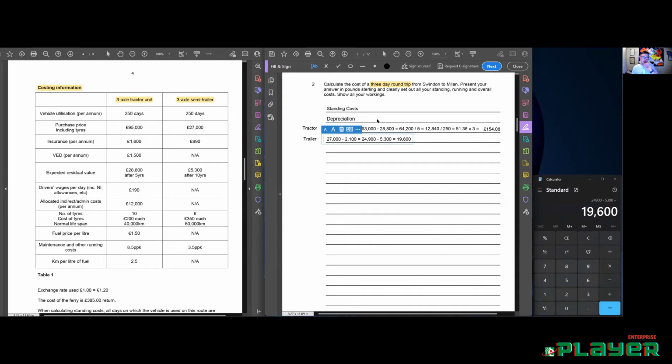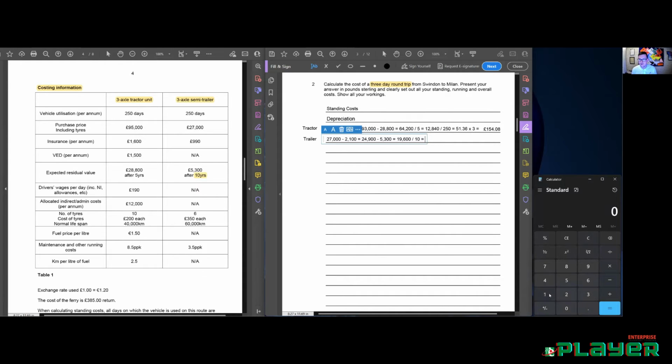Now, this is the next tricky point they throw in there, because with your tractor unit you divided it by the 5-year lifespan that you've had the vehicle. Most people would now divide that figure by 5 also. But if you look carefully at the question, it tells you that you have the trailer for 10 years, so you've got to be careful to divide this figure by 10 to give you your yearly cost.